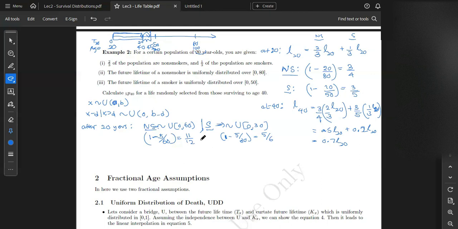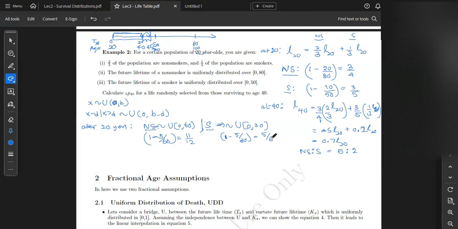And now we can calculate. In here, we got at age 40, the ratio for non-smokers to smokers was 5 to 2 in the population. And in here, we can find it to be like this. So from this ratio, this much of the portion we need to keep, and we have to eliminate 1/12 part of that portion out of this population.